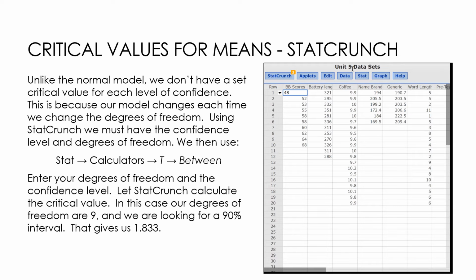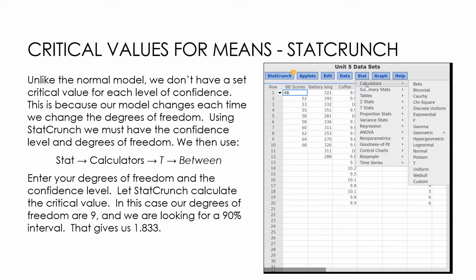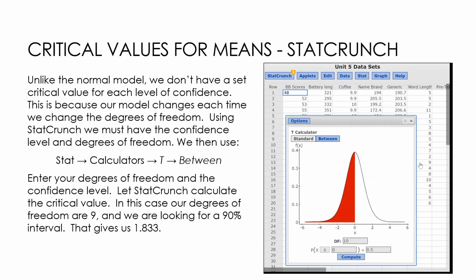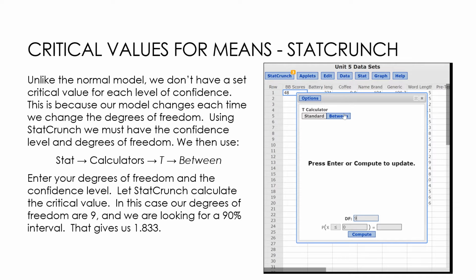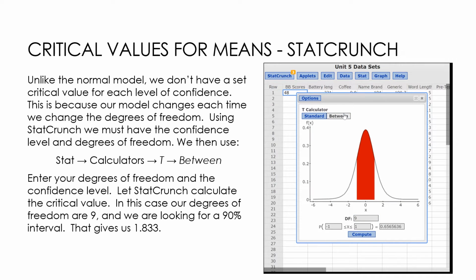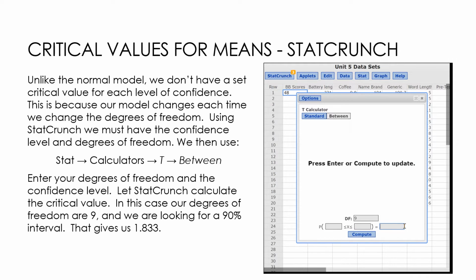So I'm going to go to Stat, Calculators, and don't go to Normal. Normal's where we went last week for our Z model, our normal model. I'm going to go to T because that's the model this week. And I'm going to change the degrees of freedom. I'm going to click on that Between function, and I'm going to replace the probability over here with whatever my percent is for my confidence interval.